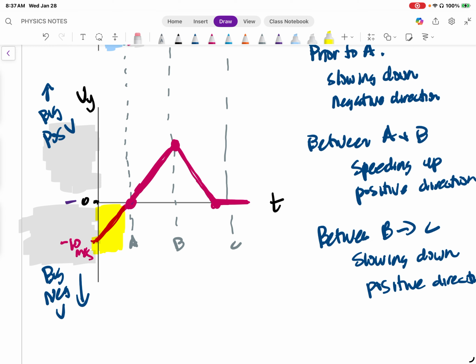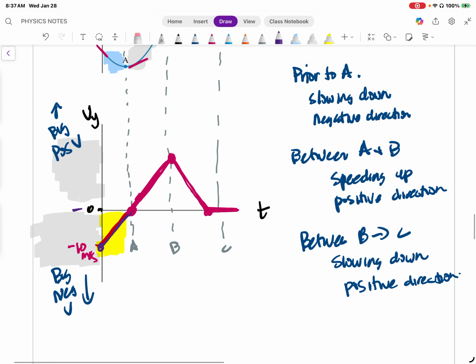I think there's a tendency, because it has that positive slope, to think about our object speeding up. But if I'm on the negative side of my velocity time graph, this positive slope means that I'm starting with some velocity and getting closer to zero. So this section is showing slowing down, in the negative direction.